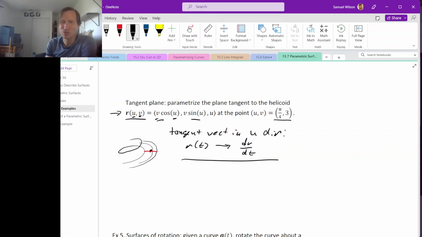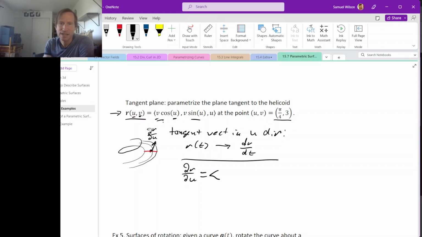That's just like a partial derivative, right? Since we have two inputs, we can take partial derivatives instead of regular derivatives. So partial r partial u, this will be the vector pointing along the curve we got by holding v constant and changing u. So I'll draw this vector here. This is going to be partial r partial u.